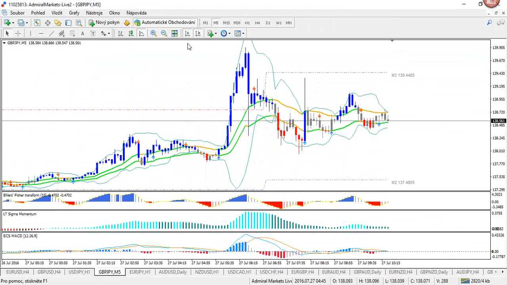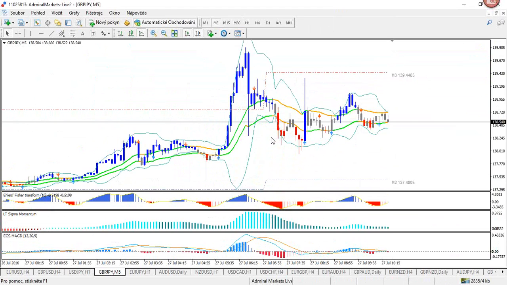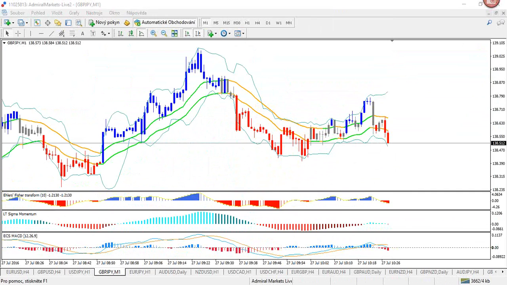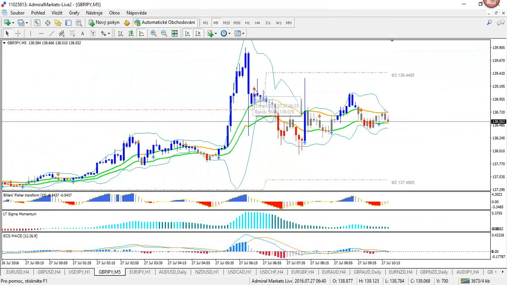And what else? I'm not sure, but if I think about it, I'll come back. But anyhow, the point of this is that you see basically blue and gray and red candles. So the idea that I use with this, let me just right away go to the 1 minute chart. All right, sorry about this.